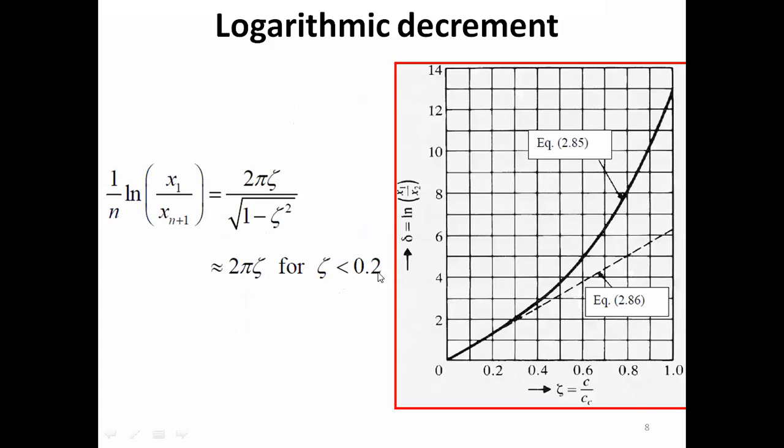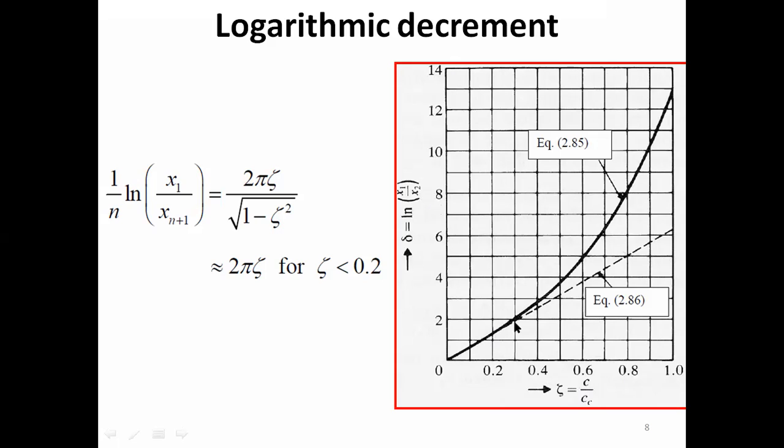You could also see in this plot the simulation of these two equations. This is the logarithmic decrement, that is natural log of x1 by x2, which has been taken along the vertical axis, whereas along the horizontal axis, zeta, which is c by cc, the actual damping to the critical damping, is taken.